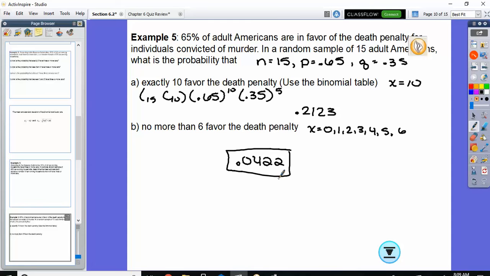And this is 15, my x is 6, and it's 2.65. Any other questions? So cumulative table is not something you ever have to use, but it can save you some time.